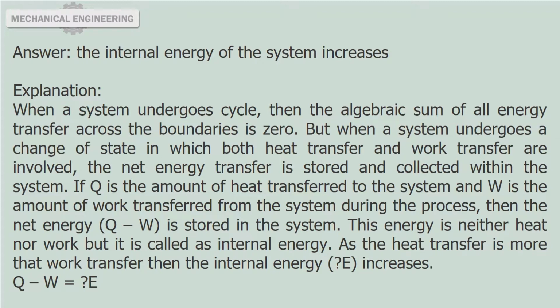If Q is the amount of heat transferred to the system and W is the amount of work transferred from the system during the process, then the net energy Q - W is stored in the system. This energy is neither heat nor work, but it is called internal energy. As the heat transfer is more than work transfer, the internal energy E increases. Q - W = ΔE.